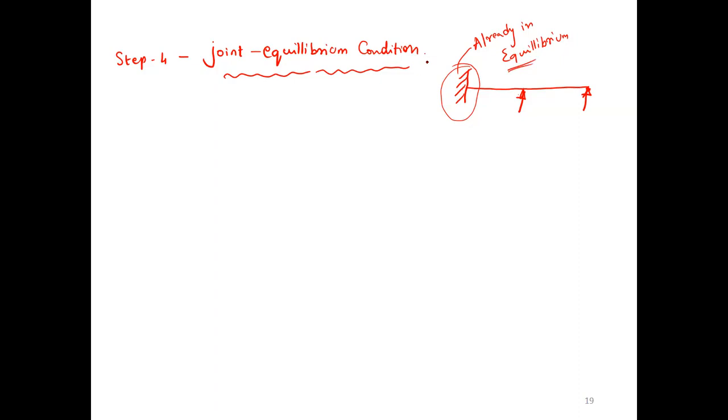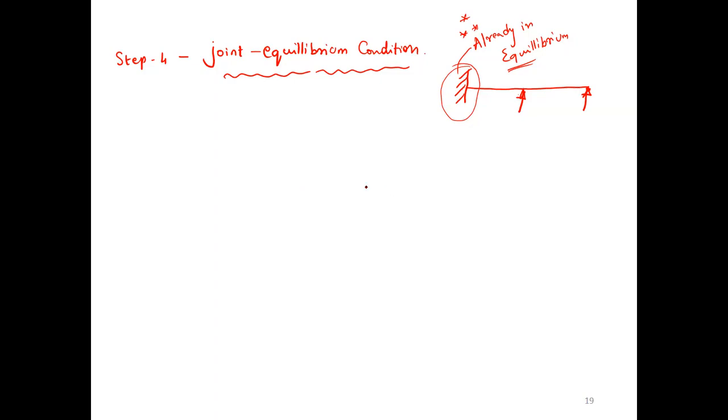Any doubts on this particular point? Fixed support does not have any equilibrium equations because the support is already in a balanced condition. It has three external support conditions that will not allow any translations or rotations at the joint.